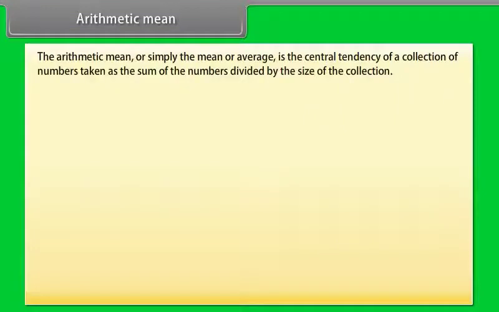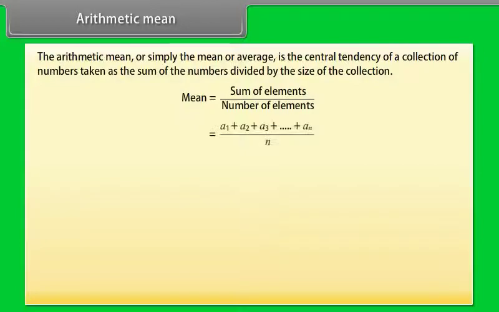Arithmetic mean. The arithmetic mean, or simply the mean or average, is the central tendency of a collection of numbers taken as the sum of the numbers divided by the size of the collection. Mean is equal to the sum of elements by the number of elements, which is A1 plus A2 plus A3 up to plus An by n.